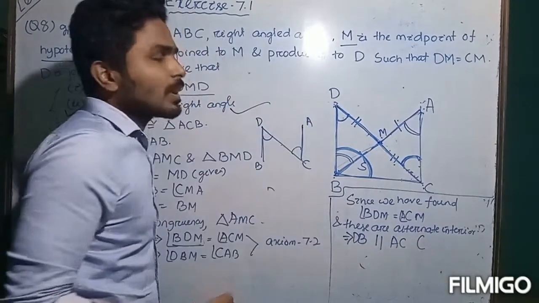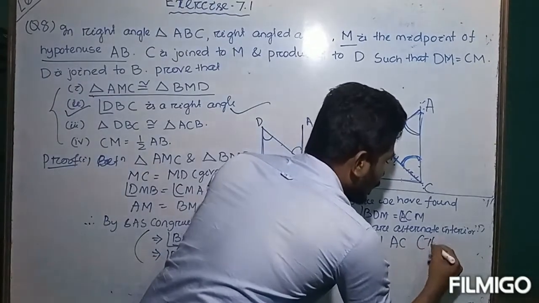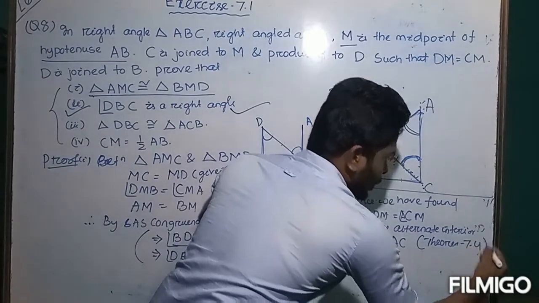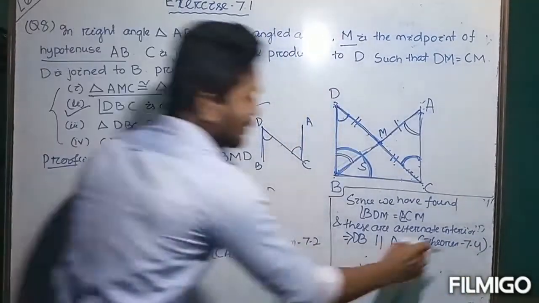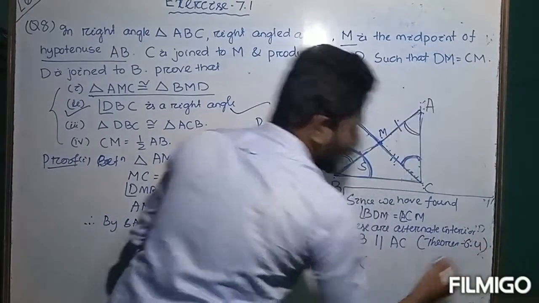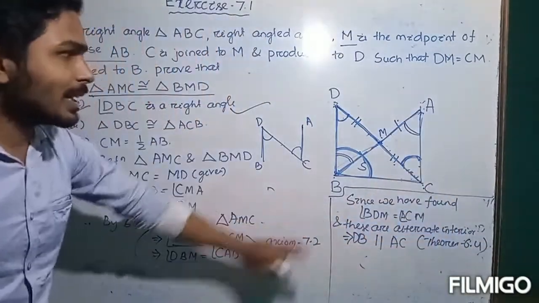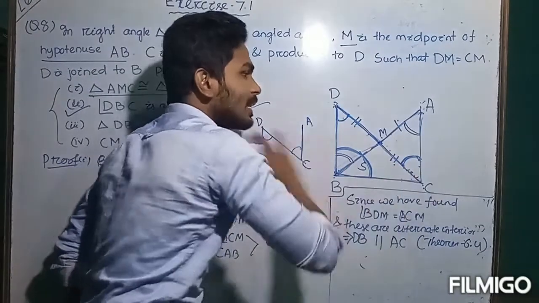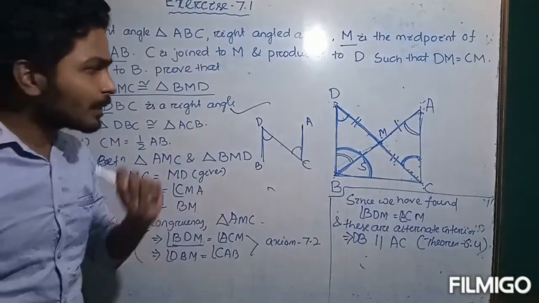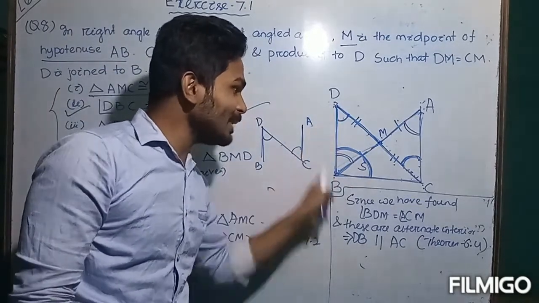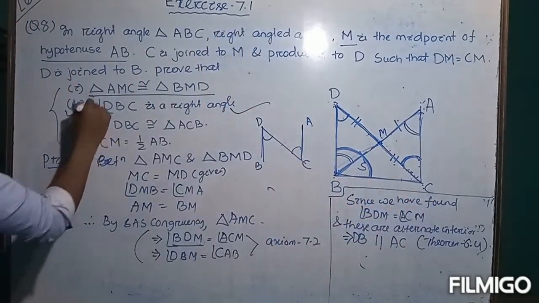I think it is theorem number 6.4, might be 6.3. I didn't get it, but it may be theorem 6.4. Now it is clear that this line and this line are parallel. Is it clear now? Next, the target is to find this angle DBC.